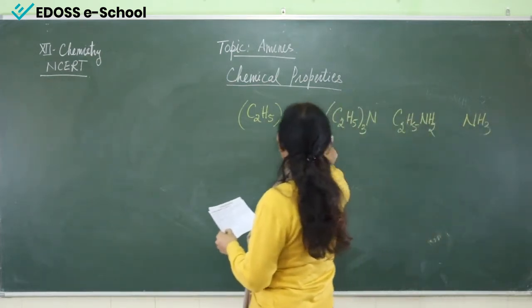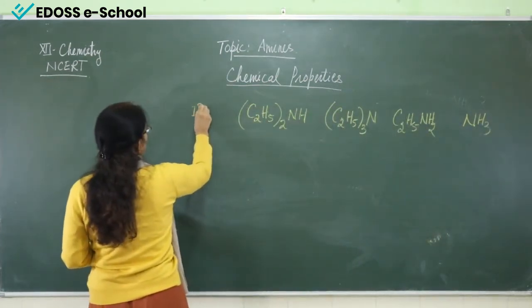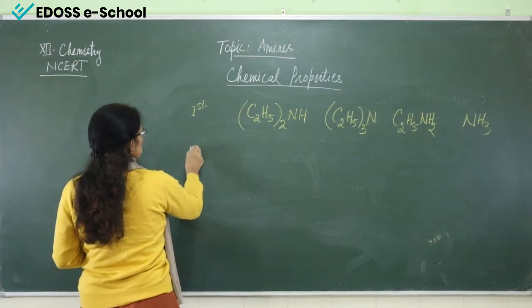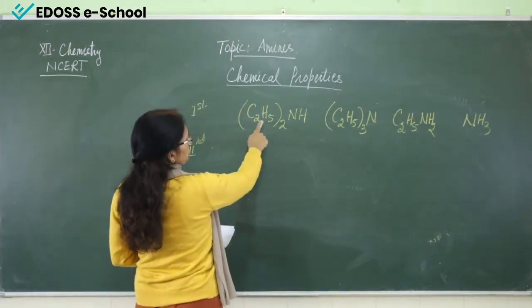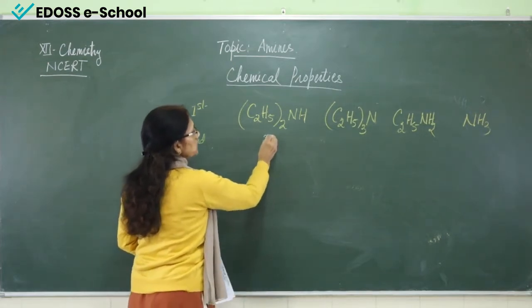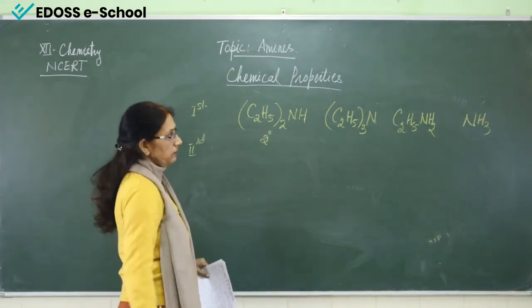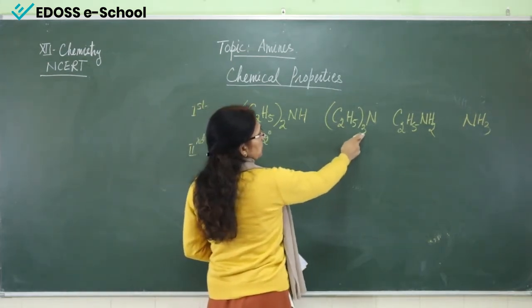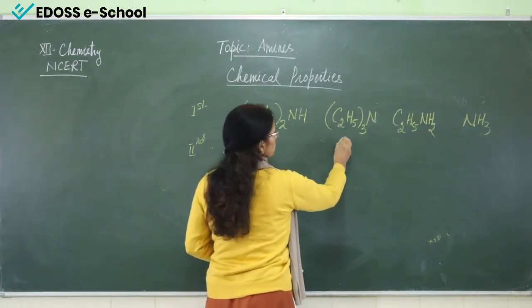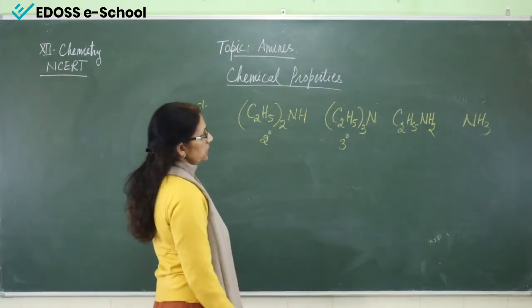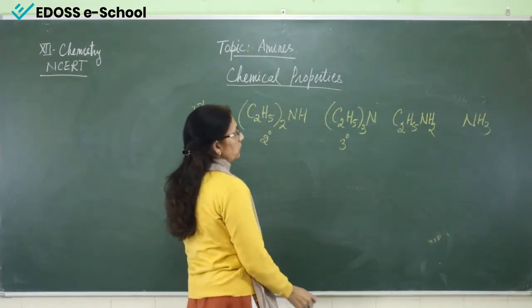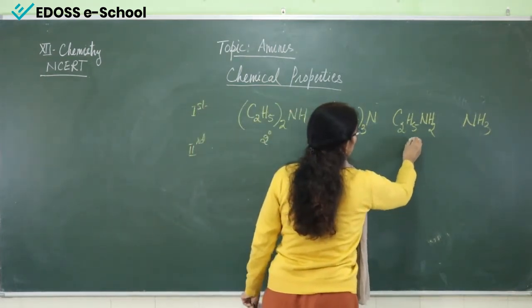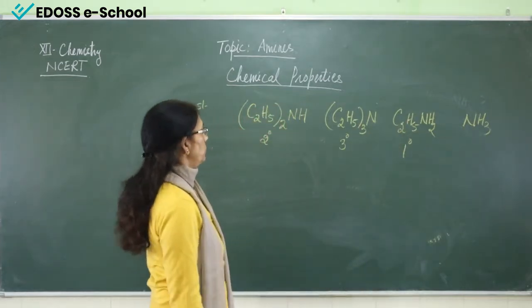This is the first sequence, and this is the second sequence. Now, this is (C2H5)2, that means this is secondary amine. This is 3 ethyl groups, so this is tertiary amine, and this is having just one ethyl group, one alkyl group, so this is primary amine, and that is ammonia.